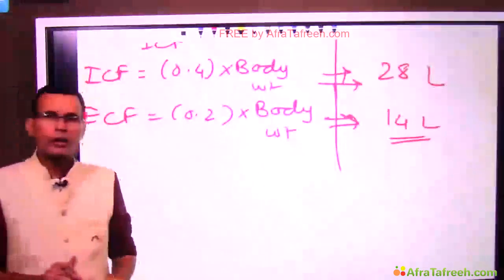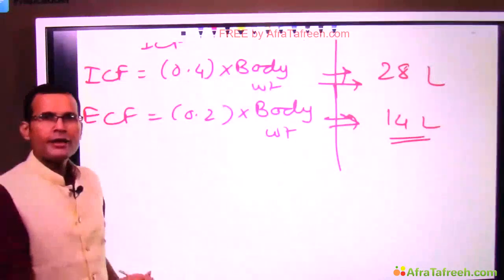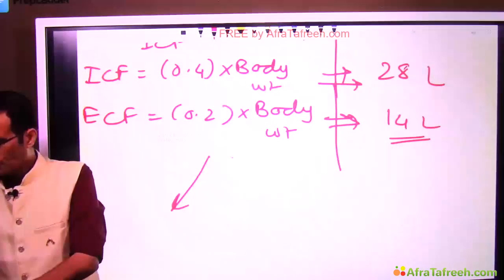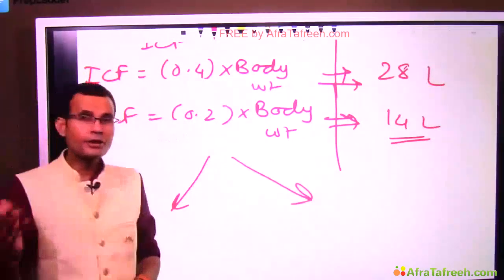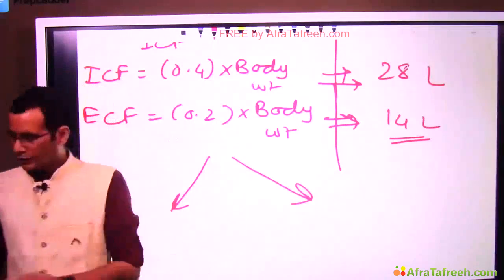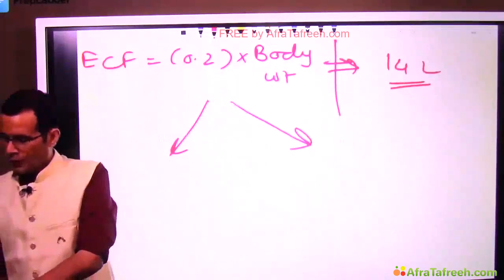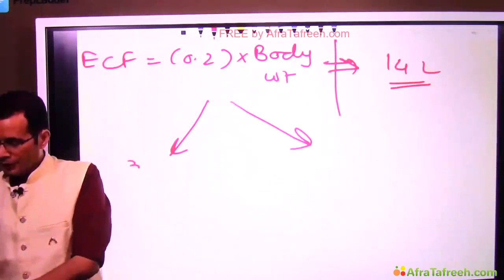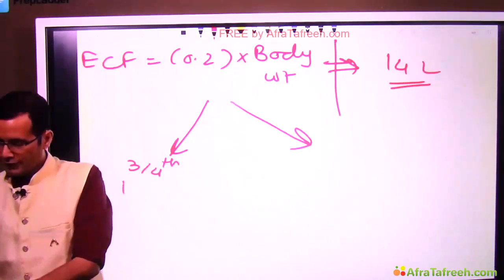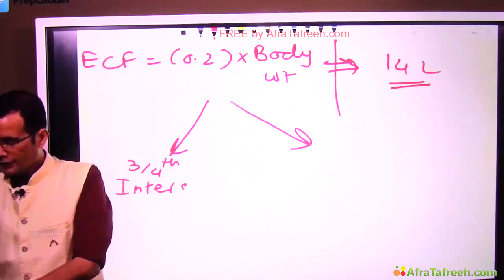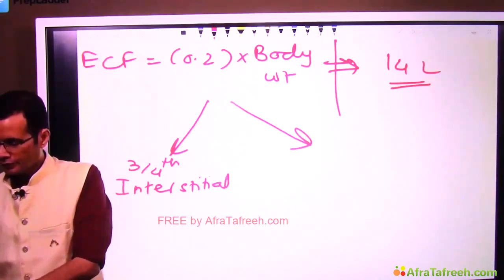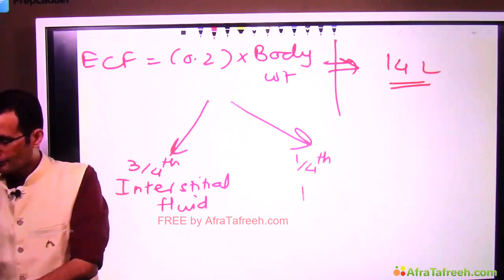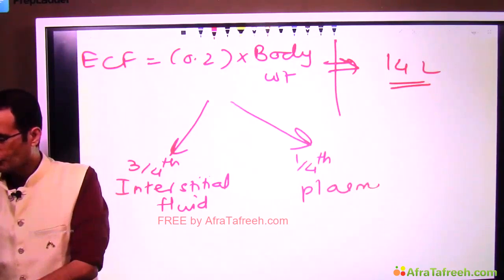Right. Going into further details, ECF has, of course, two components, the interstitial fluid and the plasma. Out of this total 14 liters, 3/4 is interstitial fluid and 1/4 is plasma volume.